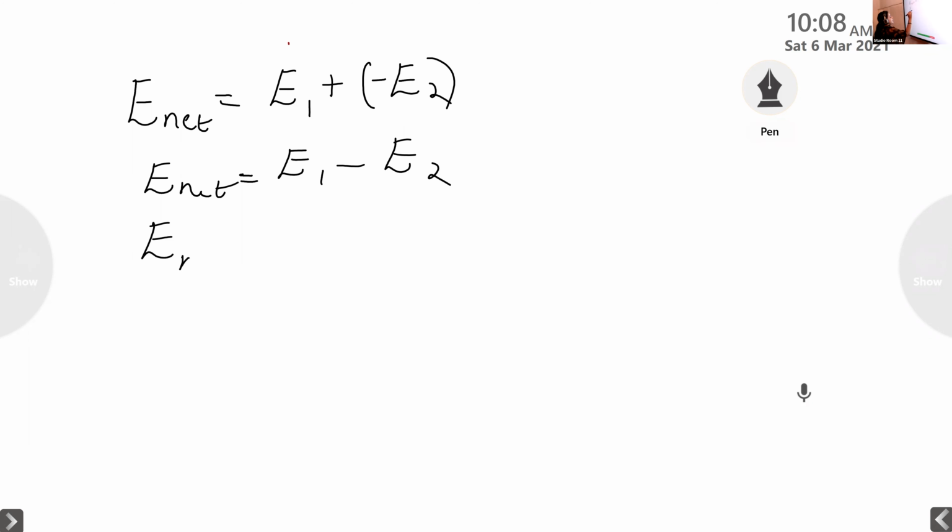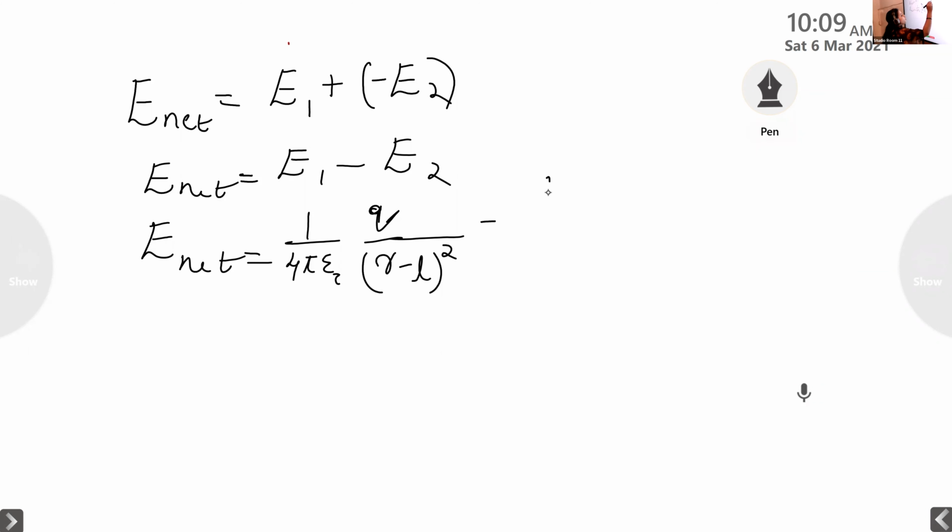Now we want to substitute the values of E1 and E2. The net electric field is equal to, what is the value of E1? 1 by 4 pi epsilon 0 into Q divided by R minus L the whole square, right?